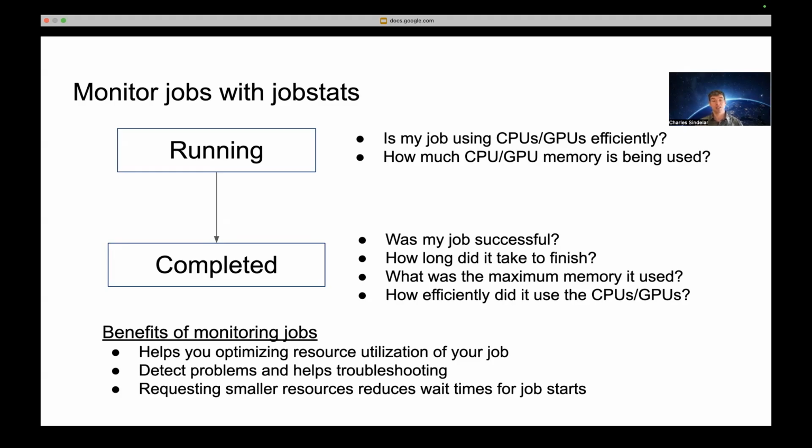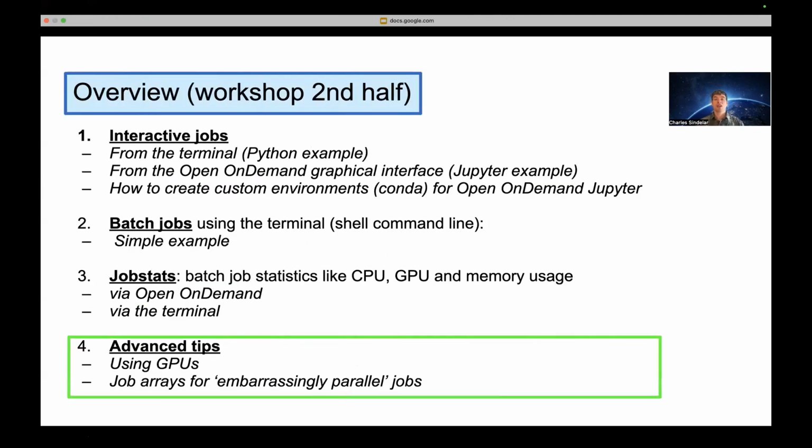And importantly, we encourage you to use this tool to request less resources when you don't need them, for example, memory. And this will also help you reduce wait times for starting your jobs, because the less resources you request, the more likely it is you will find an available resource. So that concludes my discussion of job stats.